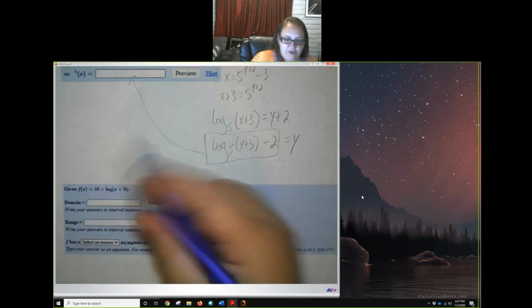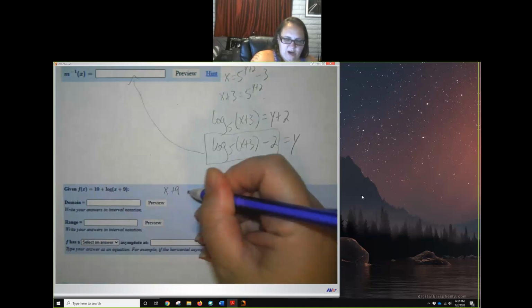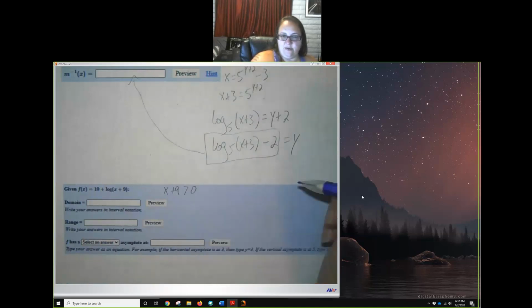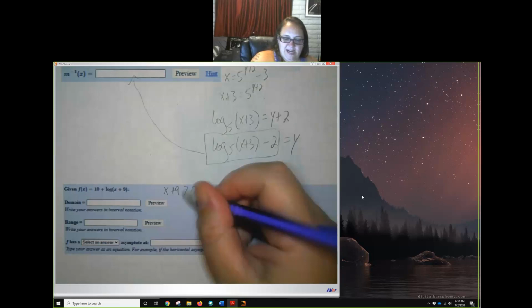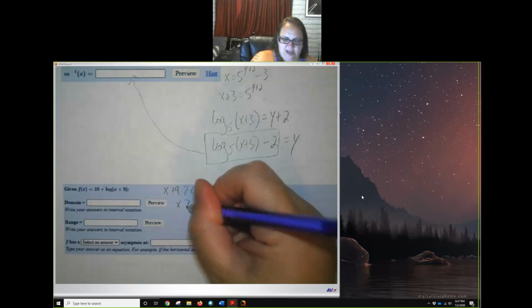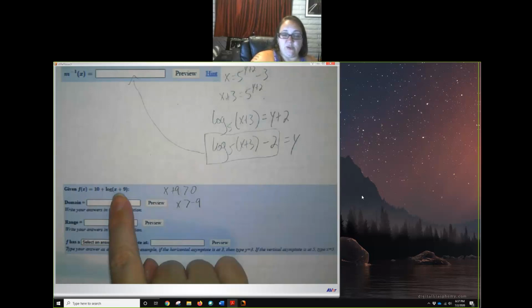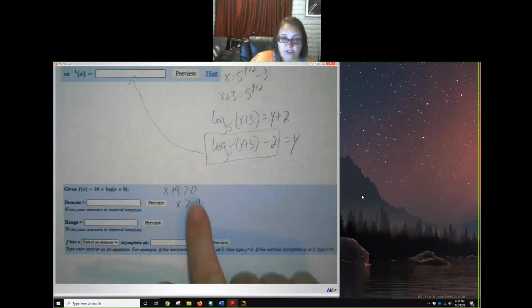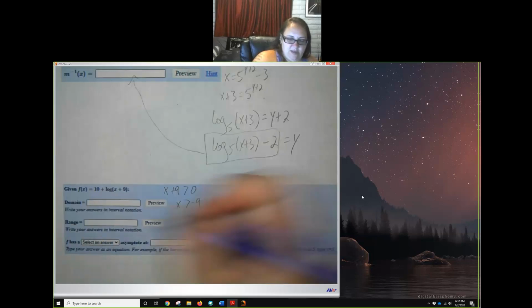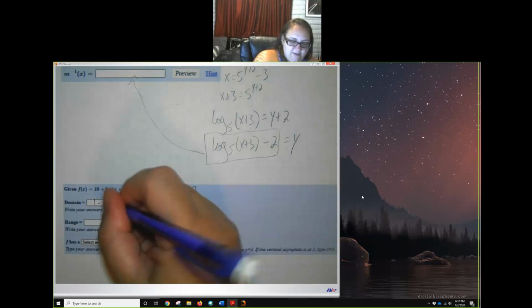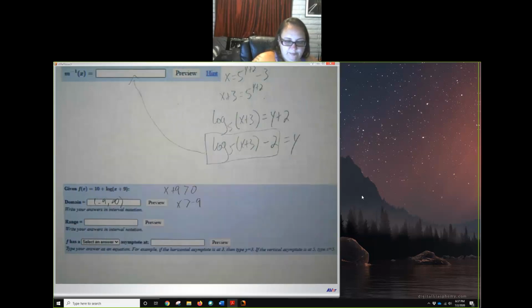And here to solve for the domain, we would say, okay, well, we need to know where is x plus 9 greater than 0. So my domain is everywhere x is greater than negative 9. So just like with the square roots, only with square roots you would say greater than or equal to. With logs, you just say greater than. So then this would be negative 9 to infinity.